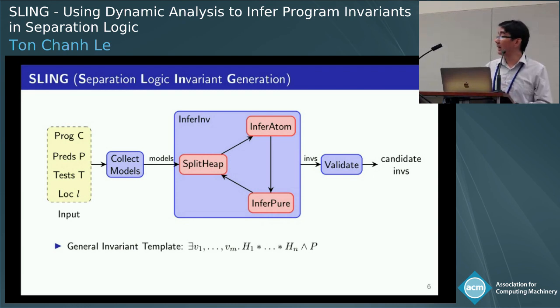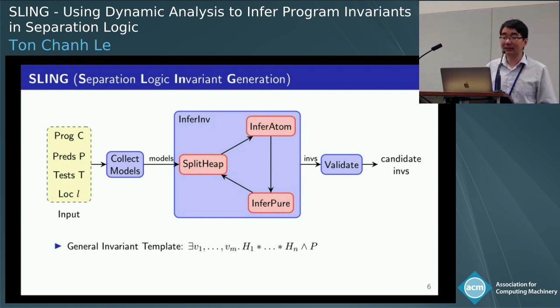This is the overall structure of our technique. The input is a program C, a set of predefined predicates P, a test suite T, and the location L at which we need to infer the invariant. The output is a list of candidate invariants at the location L. There are three main components here.